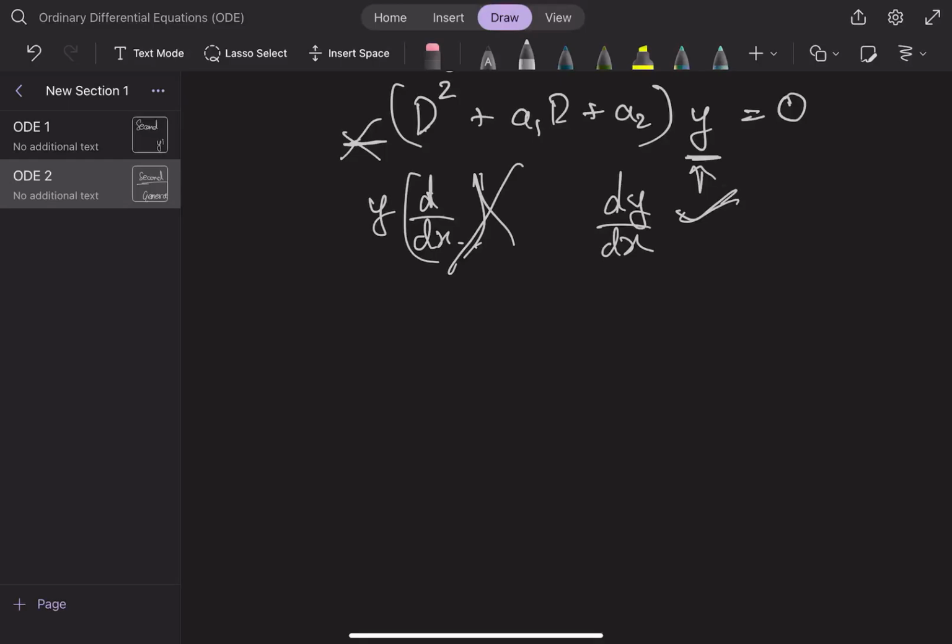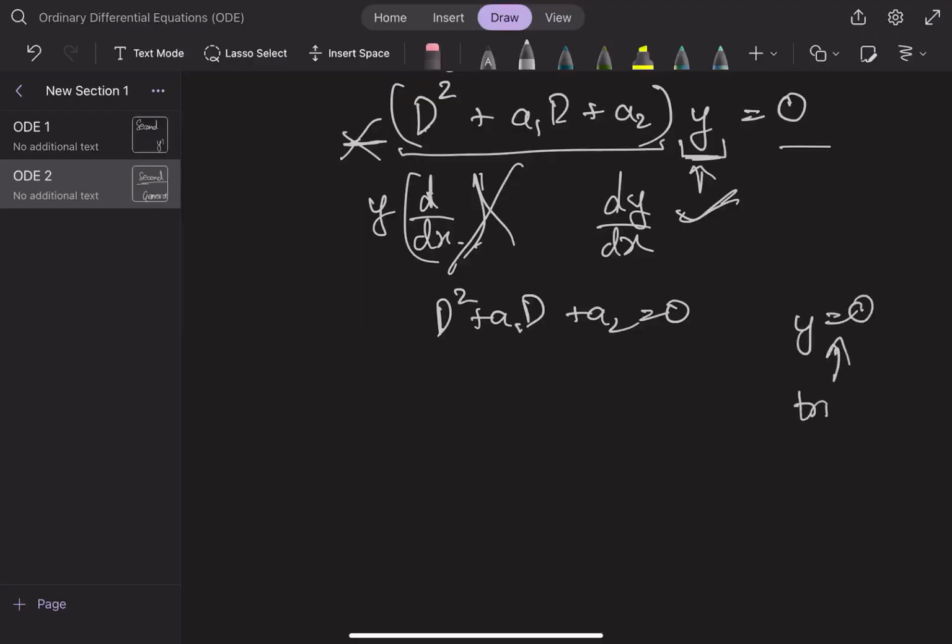So now what we need to solve, obviously now if this multiplied by this is giving you 0, either this is 0 or y is 0. So this is a trivial solution. When your y is 0, it's called a trivial solution. So this will always be true. So what we need to do is we need to find the non-trivial solution. So we need to solve this.